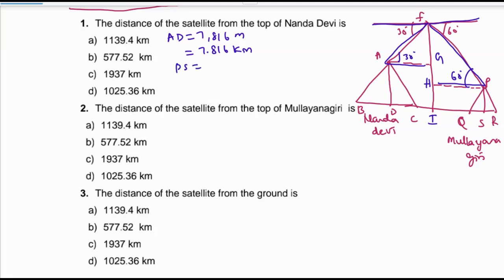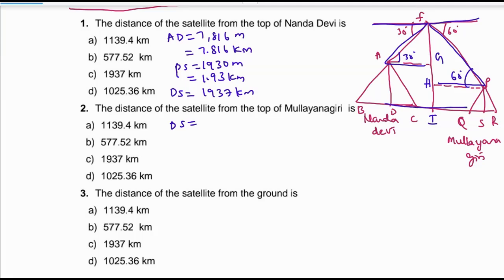Then PS is 1930 meter, which will be 1.93 kilometers. Then DS will be 1937 kilometer.